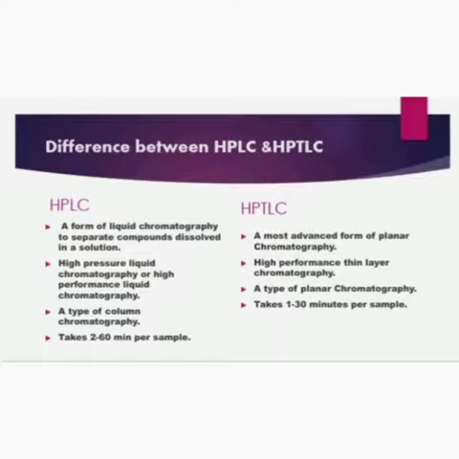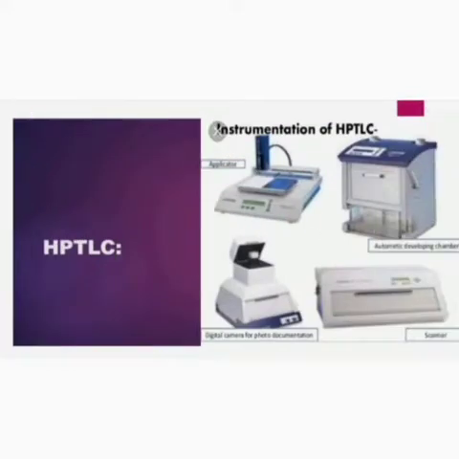While looking at HPTLC, HPTLC is high performance thin layer chromatography. HPTLC is a type of planar chromatography. Per sample, it takes 1 to 30 minutes. Here, instrumentation of HPTLC is shown.